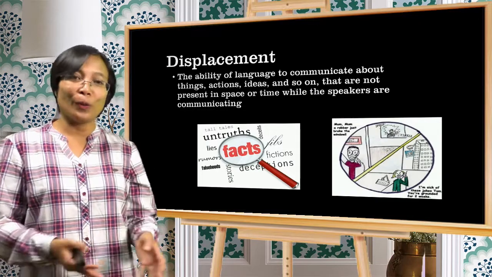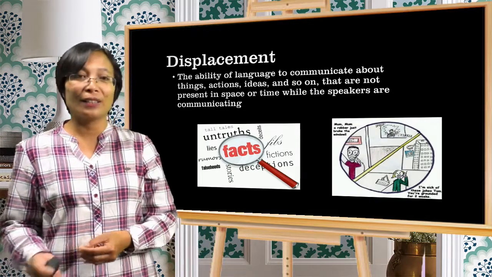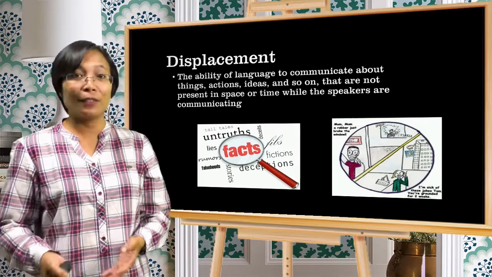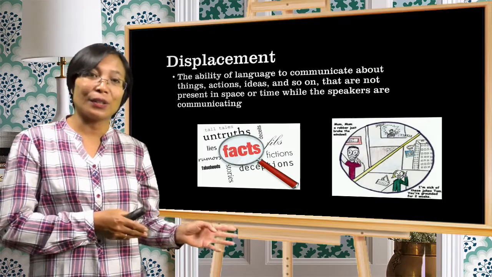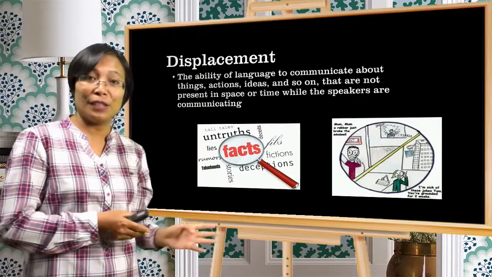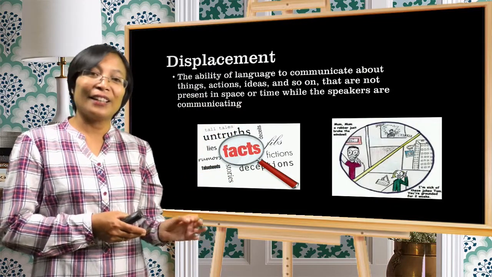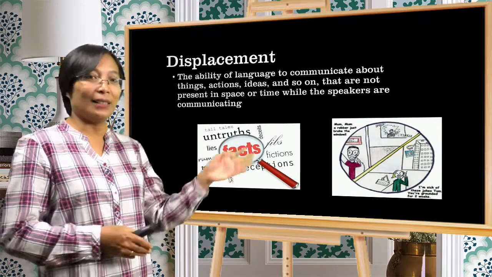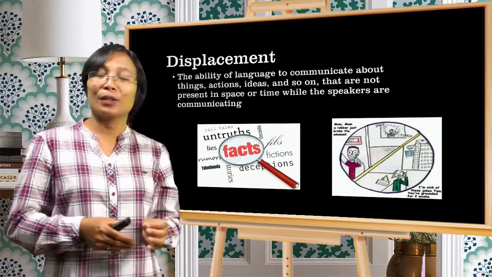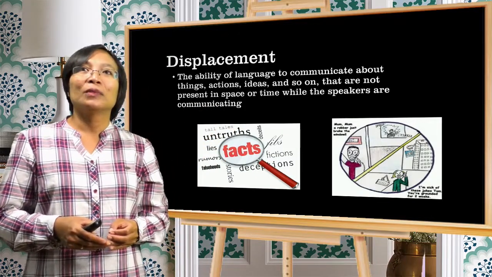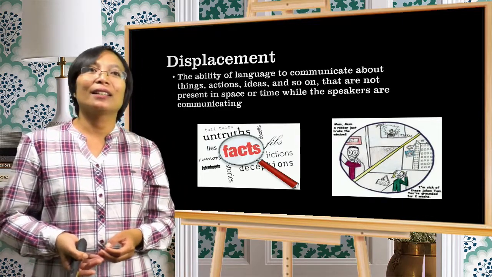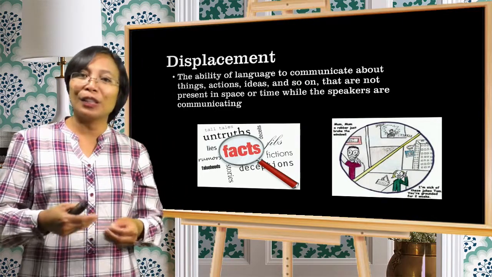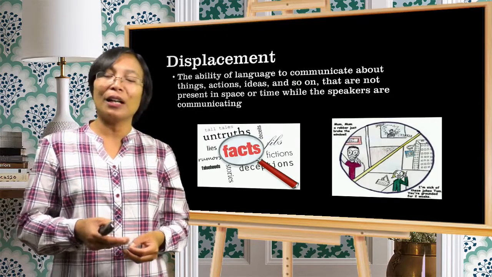You can talk to your boyfriends or to your girlfriends who live in different cities or different regions. Because we have this feature. We have the displacement feature. And I think we are so lucky that we have this feature because we can enjoy movies, we can build relationships with others who are not together with us.